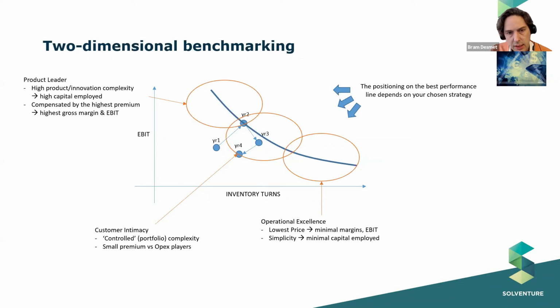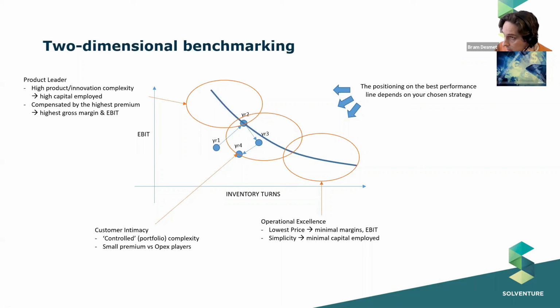Strategy defines that, okay, if I'm a product leader, most probably I will be up left, meaning that a true product leader can drive a significant premium, has a much higher margin, but it's a quite complex product supply chain. So I might need a lot of inventory. Why? If I launch 10 new products, one could be a big success, but I could have 9 failures. That's one of the aspects.